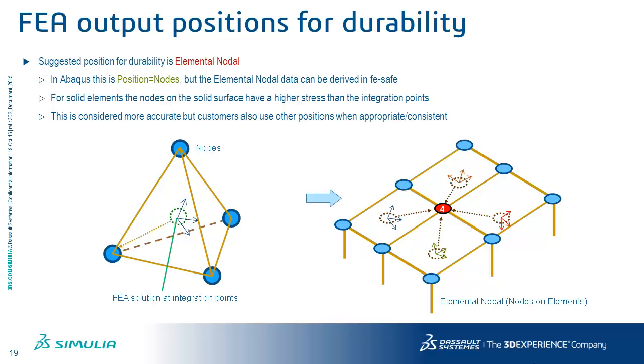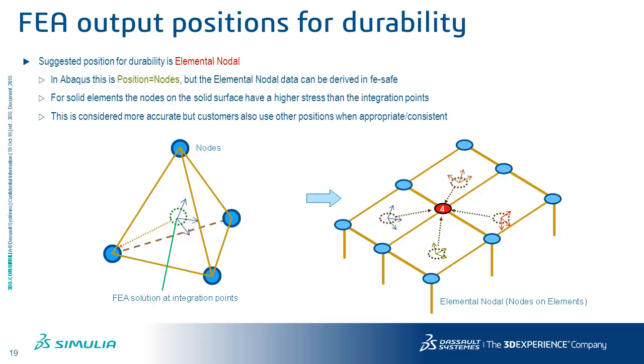That's the only accurate solution you can get from FEA. And if you put the position equals to nodes parameter when you write an output, then what FEA Abaqus does is, from the integration point values, we extrapolate the stress tensor to the element nodal.